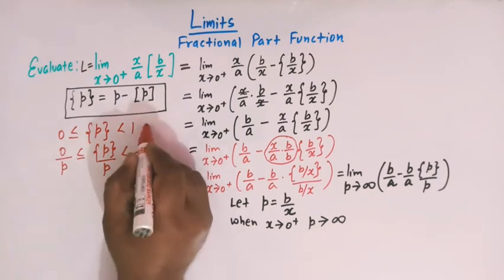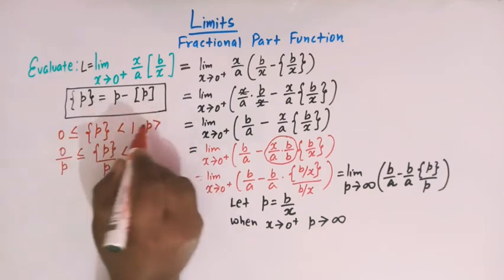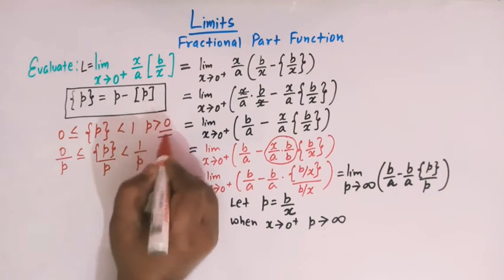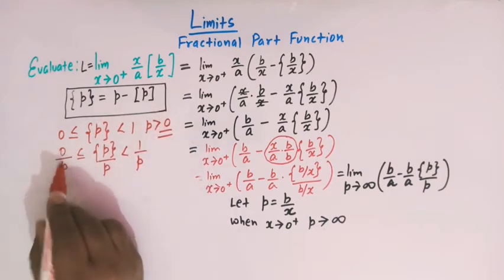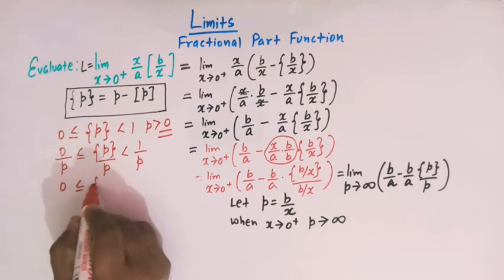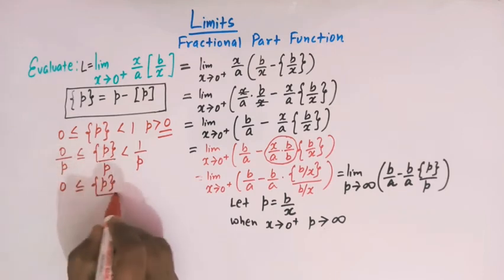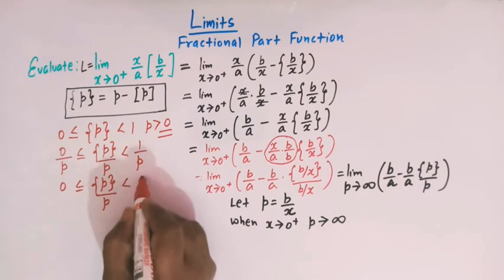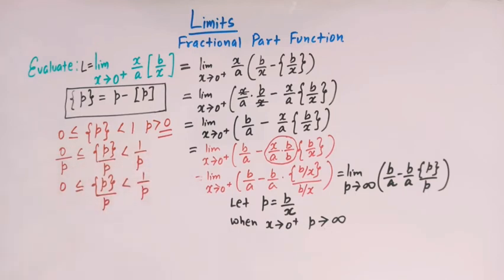And obviously p is greater than 0, right? So now this is 0 over p, so this is 0, and here we have the fractional part of p over p, and here we have 1 over p, right?